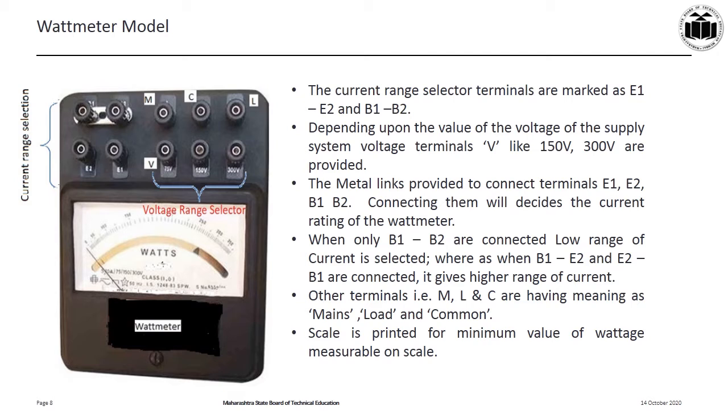Connecting B1 and B2 terminals by metal links, a low range of current of say 5 ampere or 10 ampere will get selected, and when terminals B1 E2 and E1 B2 are simultaneously connected by using metal links, it will give a higher range of current, say 15 ampere.